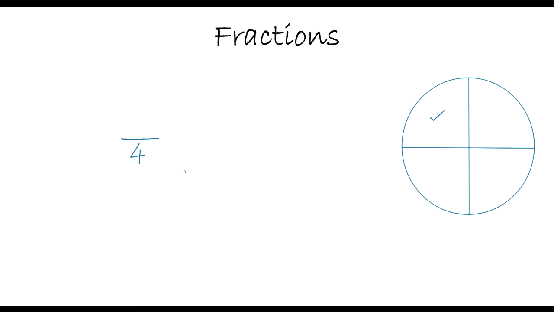And how many parts are you taking? You're taking one piece, one part. So one whole thing is divided into 4 equal parts and you are taking one part out of the total 4 parts.